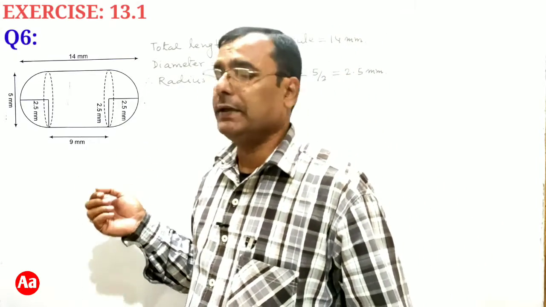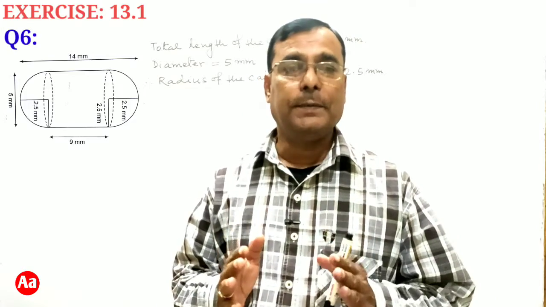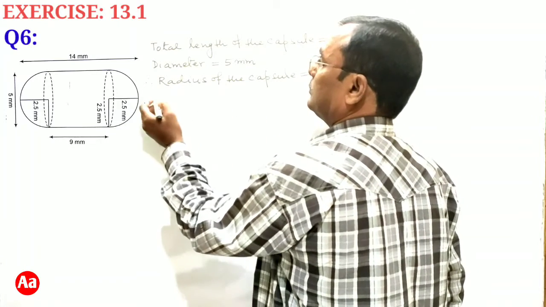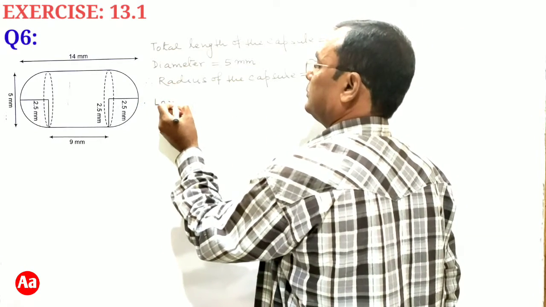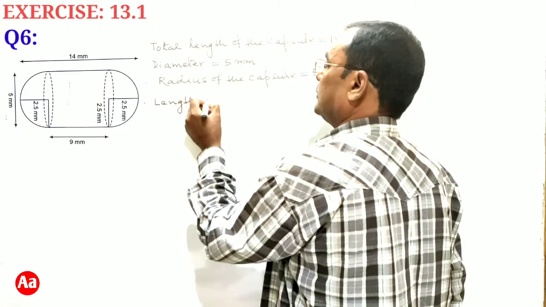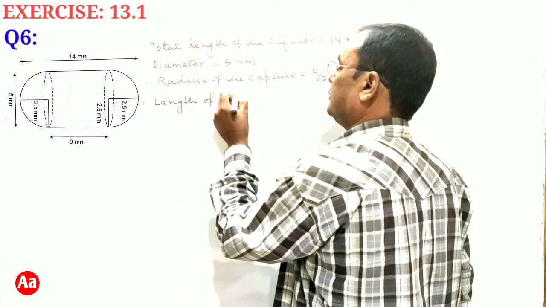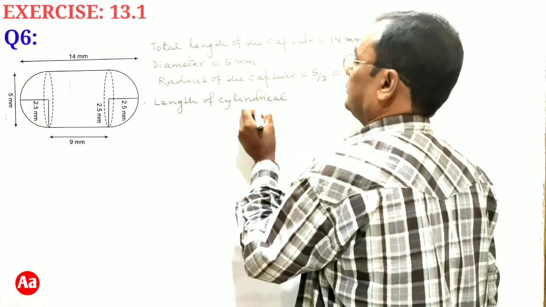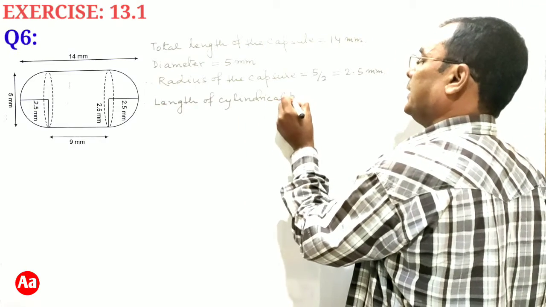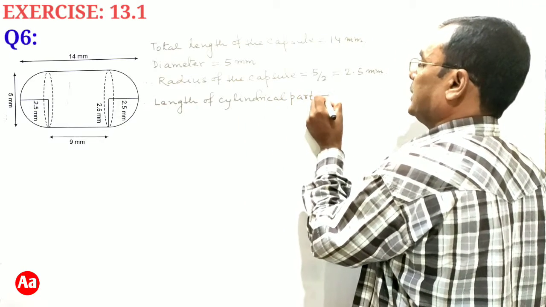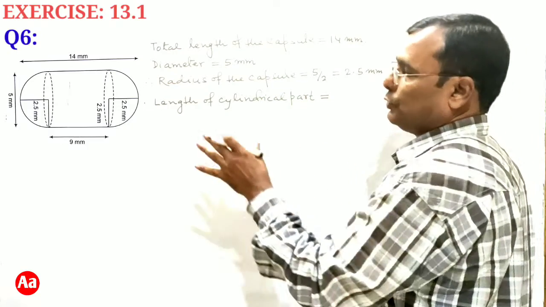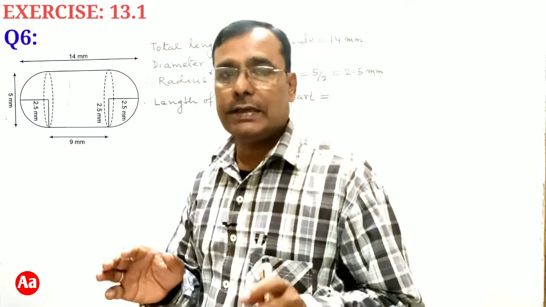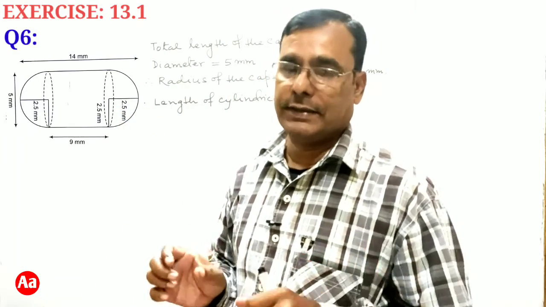So let us first find the length of the cylindrical part of the capsule. Length of the cylindrical part of the capsule is the total length of the capsule minus the radius of two hemispherical ends.